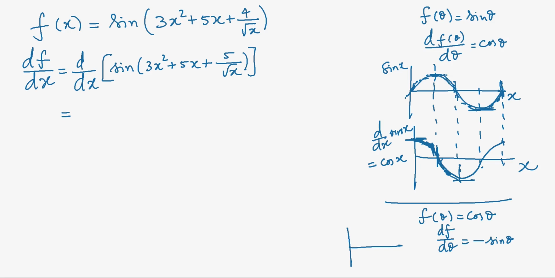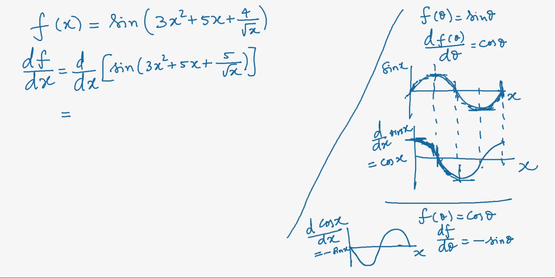So this will look like from 0 it will go like this. The same thing. So if we differentiate cos x with respect to x, this will look like a minus sin x curve.